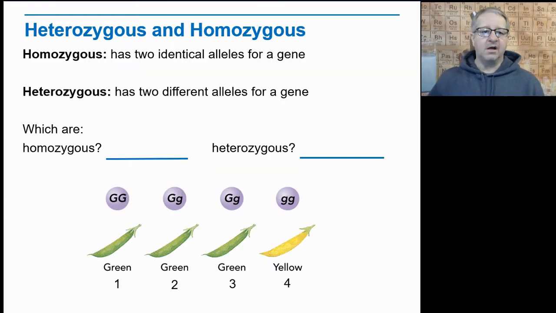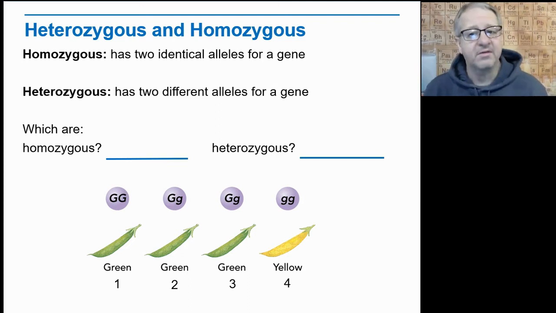All right, now there's a couple other terms that I've been bandying about, been throwing around, and so you probably have a pretty decent idea of what they mean already. But let's just talk about the definitions real quick. First, homozygous means it has two identical alleles for a particular gene, and that's where we get the prefix, homo means same, right?